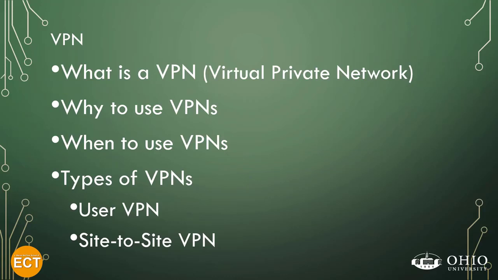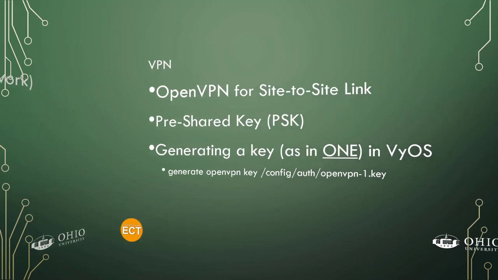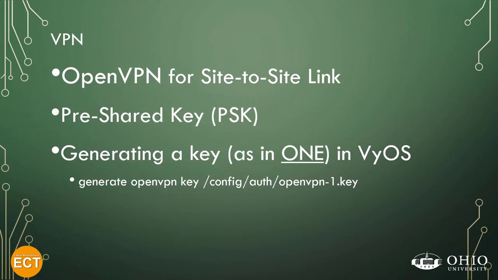So we're going to use two different routers. In our case, we're going to use VyOS, and we're going to set up a pre-shared key to allow them to have a secret key that they'll use to encrypt the traffic back and forth, and we'll do a site-to-site link. And we'll generate this pre-shared key, PSK, once on one of the routers, and then we'll need to copy it to the other router, or routers plural, if we were to use it for multiple links.